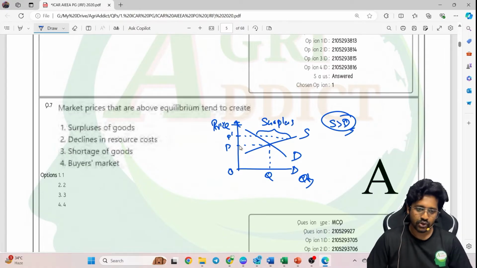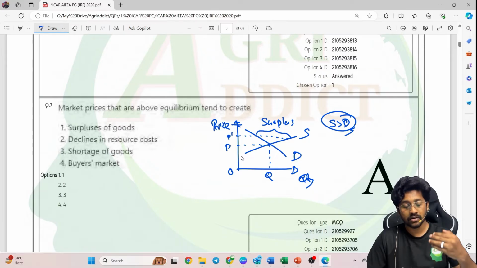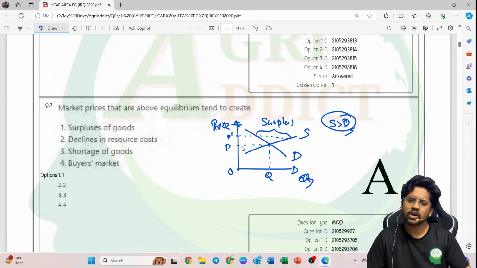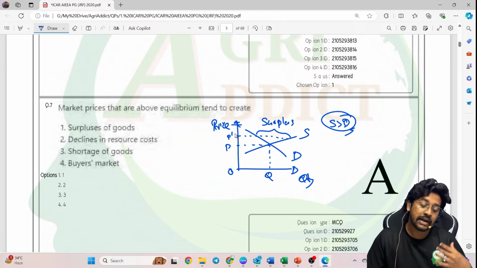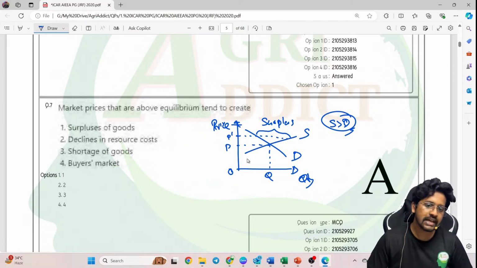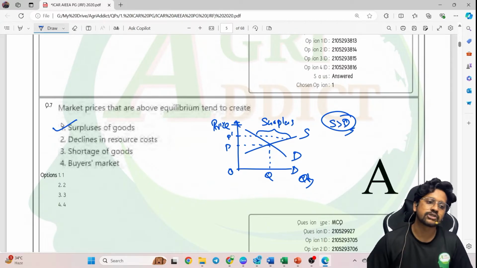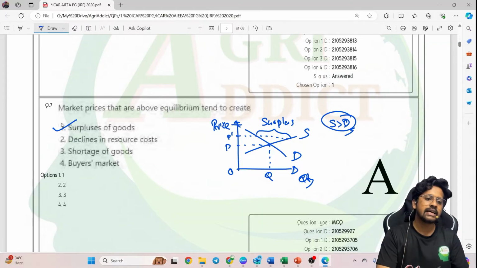If a higher price than the market equilibrium price is given, obviously, attracted by the increased price, too many products will come to the market. So obviously surpluses of goods will be there. Therefore option A will be the correct answer.